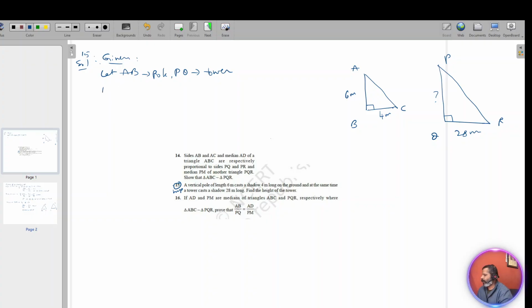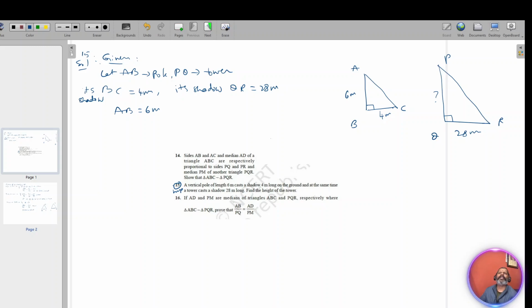Then its shadow BC is 4 meter long. PQ, its shadow, what is the shadow? QR equal to 28 meter long. Okay. AB is given. AB is 6 meter.